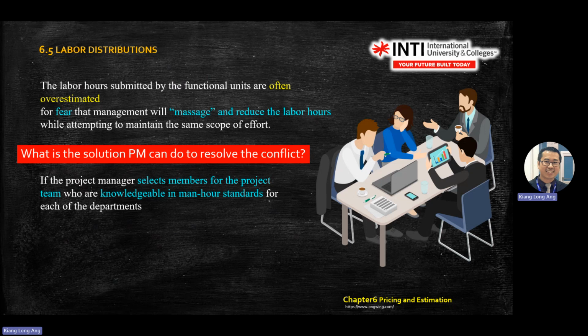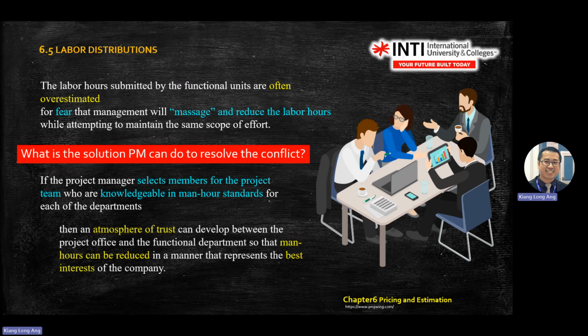For example, you select an engineer who really knows the market rate, then you should have no problems. You select a member who knows what is happening outside, or the standard, then there is trust there.